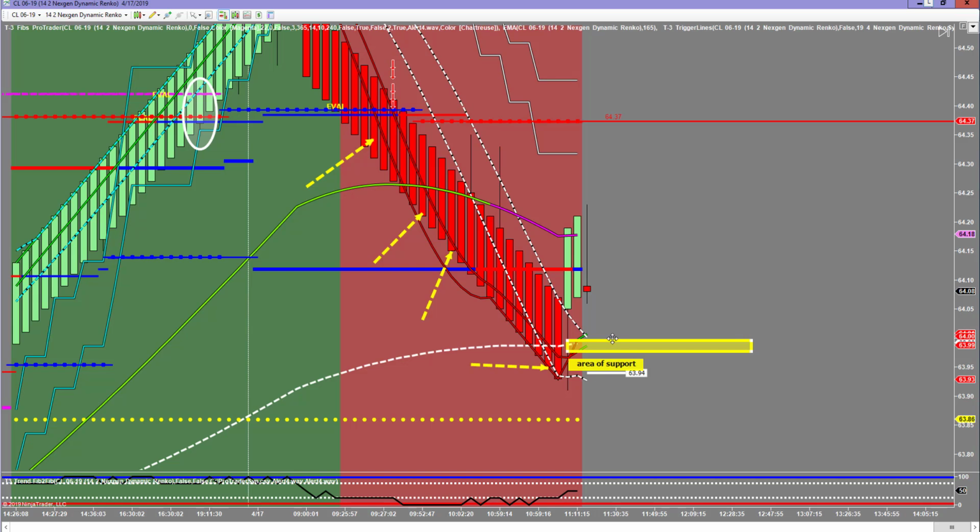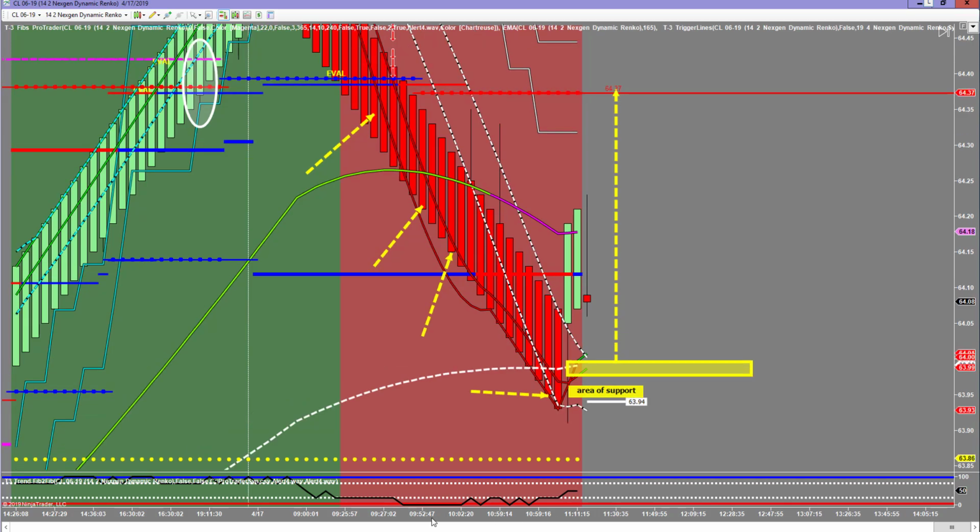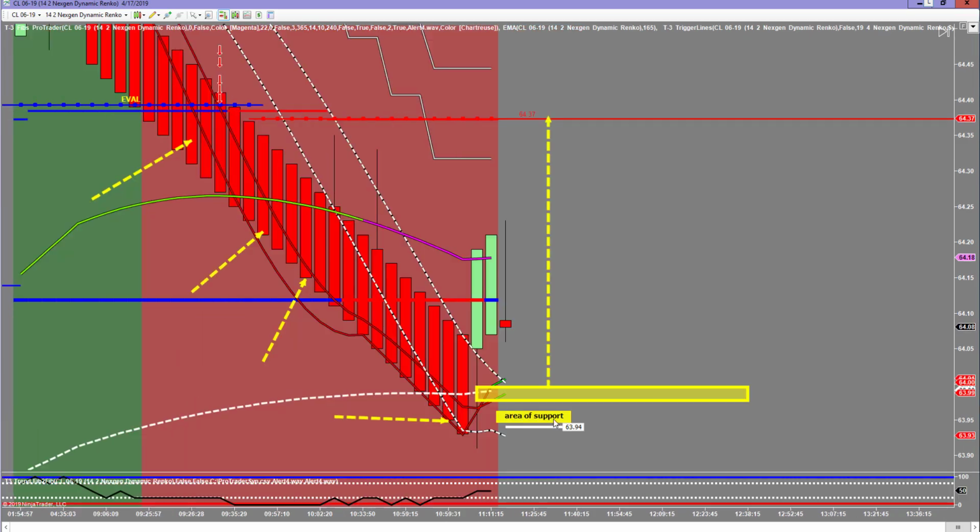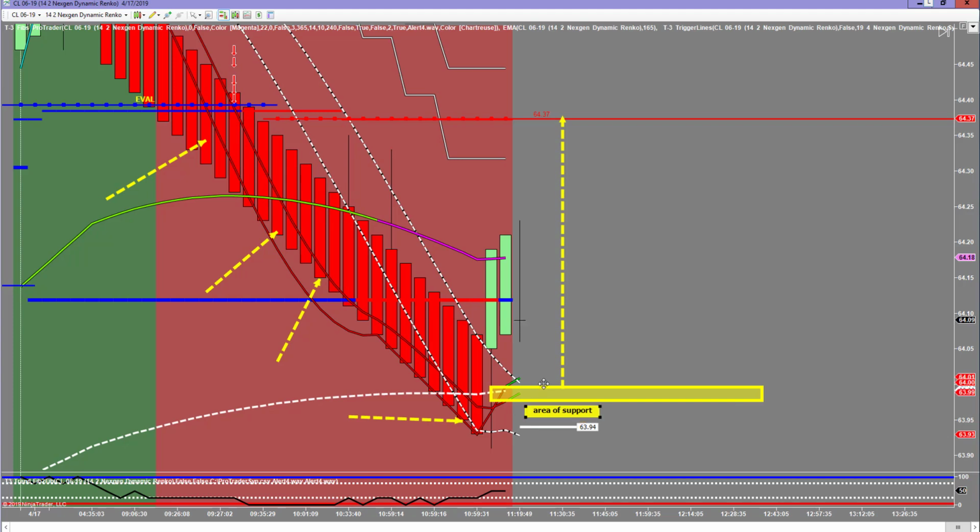What you'll see is that when you have this big gap back to your synthetic triggers, so it's two-phase. Number one, an area of support, which, again, initially it looks like it's going to break and go down, but it caused the triggers to roll up.